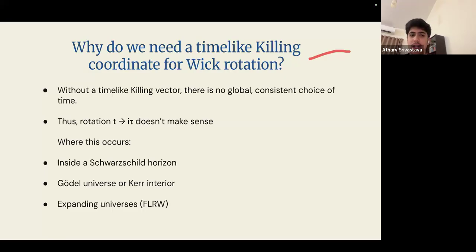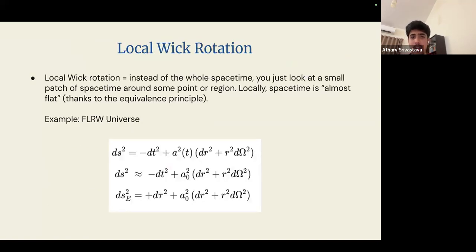And later on, I can show you how you can get over some of these limitations, like local Wick rotation, which is, instead of Wick rotating the whole space-time, you can just look at a patch of space-time where it would be basically flat. Like over here in the expanding universe, the scaling factor is a function of time.